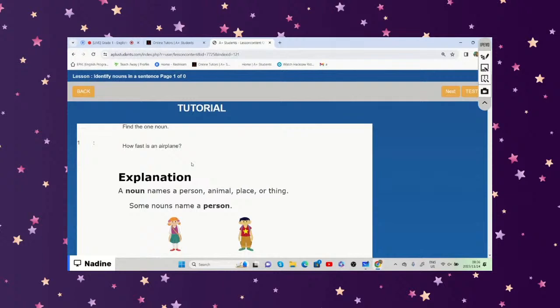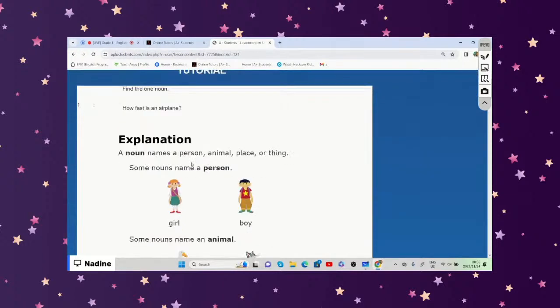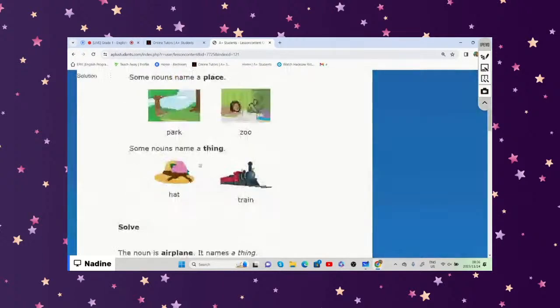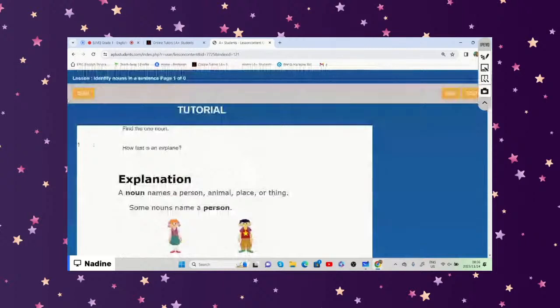How fast is an airplane? Which means that if we identify the noun within the sentence, we can say it is airplane. An airplane is the answer.